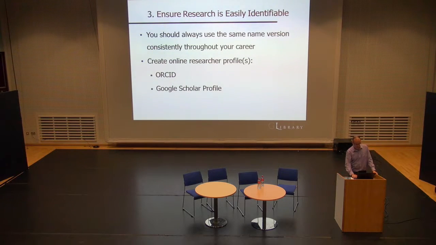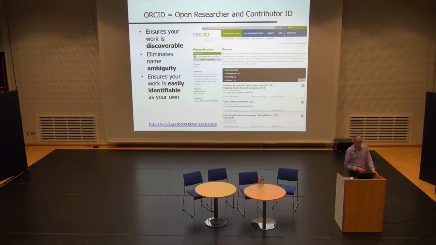Okay. One thing you can do then is create different researcher profiles. So there's two. One I mentioned already, the Google Scholar profile, is worth creating to showcase your research, and also ORCID. So with ORCID, the idea is that you can put all of your works together into this. Okay, and you can put information about your education, employment, biography, but what is really useful is putting all your works together.